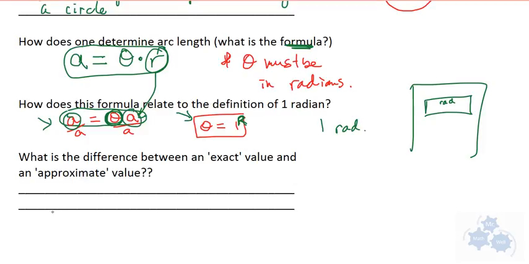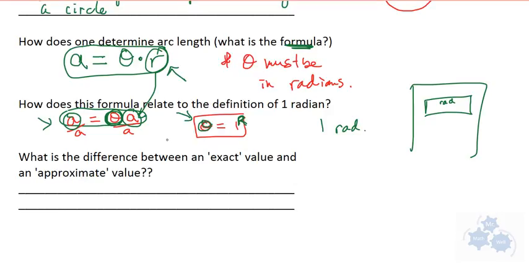So that's A and A. They're the same. You can put any variable there, but they're always the same. So that's what a radian is defined as. And so if you rearrange or manipulate that formula, you get theta equals 1. So that's how that's related. That's why this formula exists, and that's why it works. It all kind of fits together.